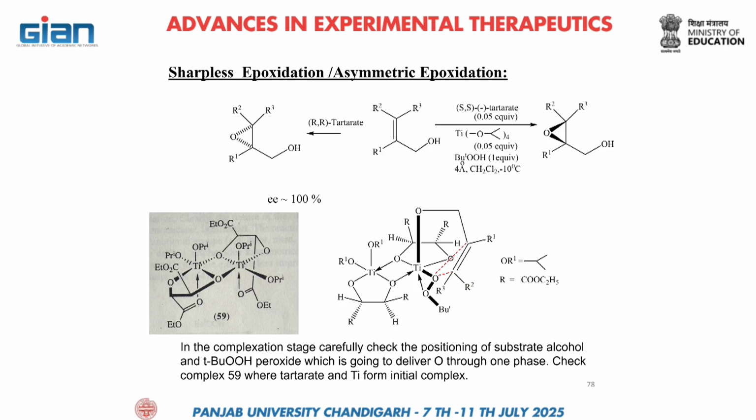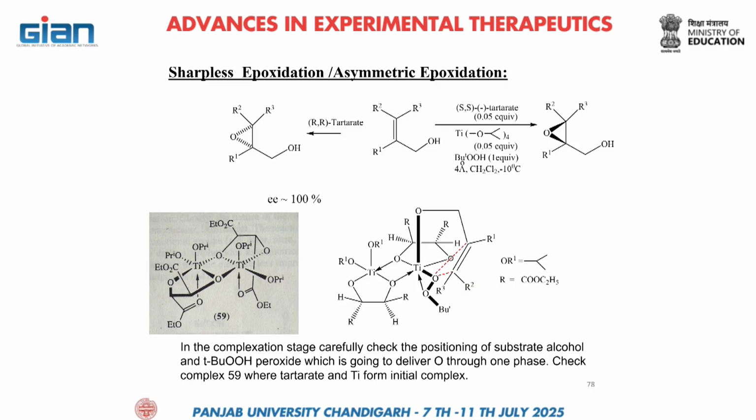So in this reaction, in the complexation stage, carefully check the positioning of the substrate alcohol and the tertiary butyl hydroperoxide, which is going to deliver oxygen through one phase. Check complex 59 where tartrate and titanium form the initial complex.